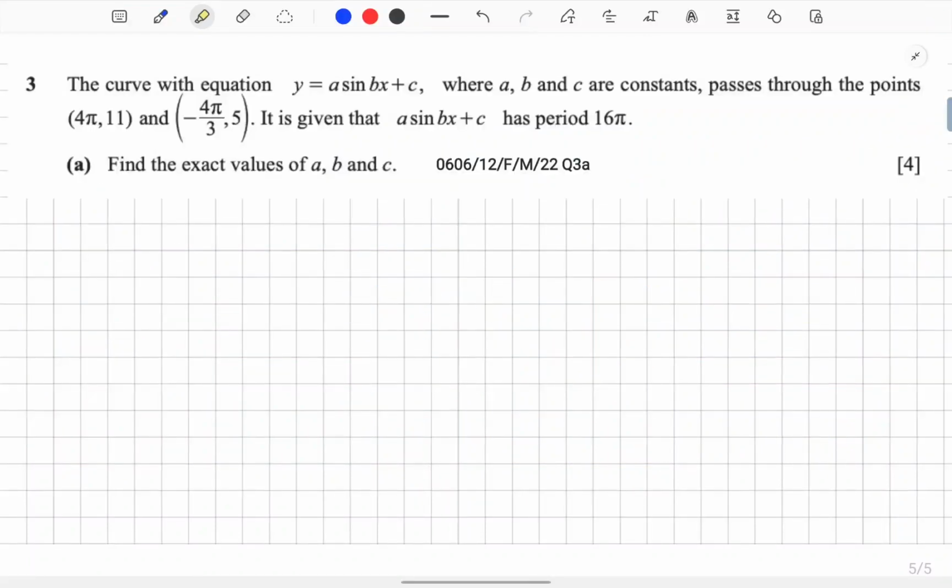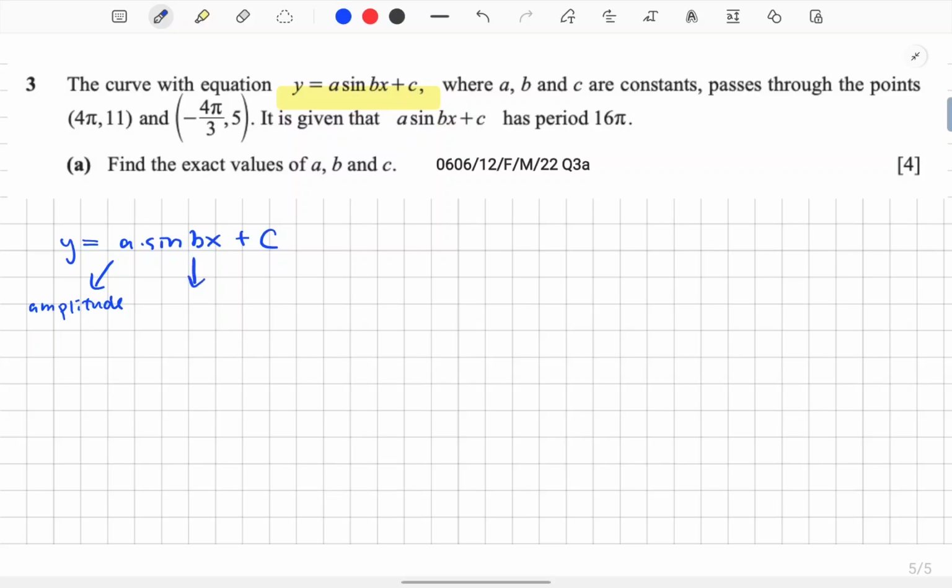The next question is testing our knowledge about a complete trig function, and there's one shown here. It is y equals a times sine bx plus c. The a here is our amplitude. It determines the height of a function.